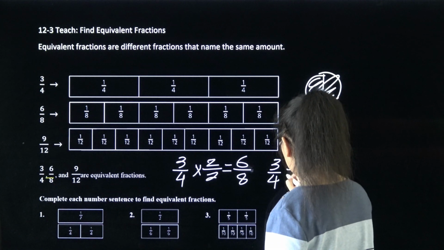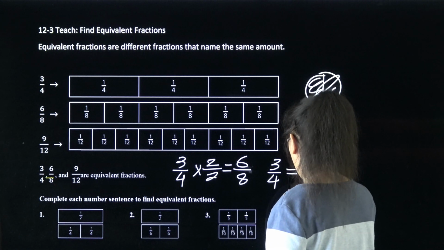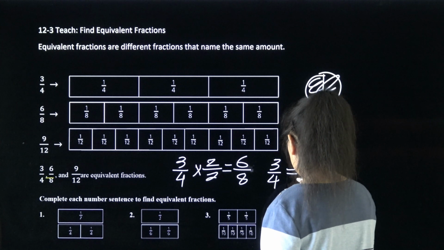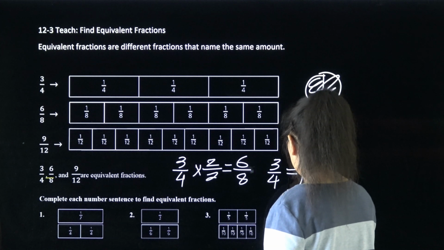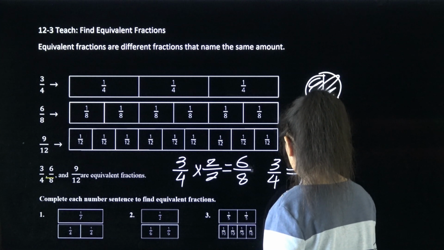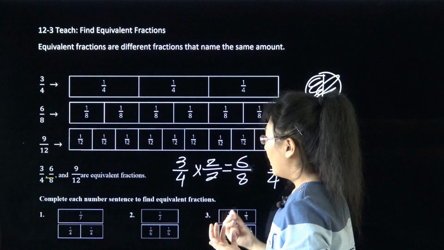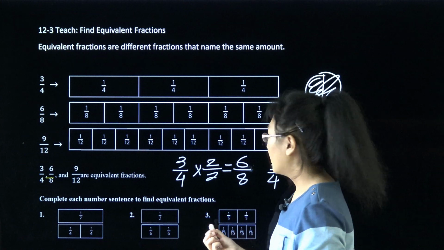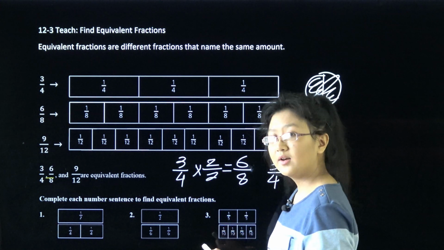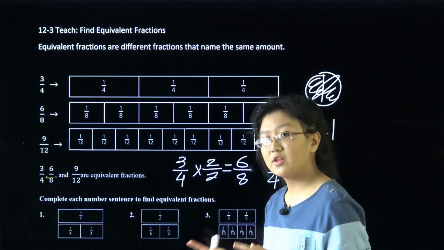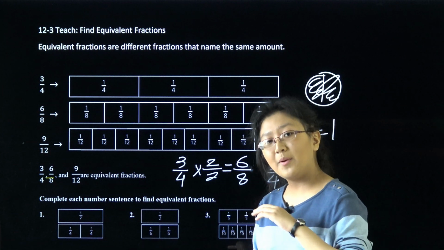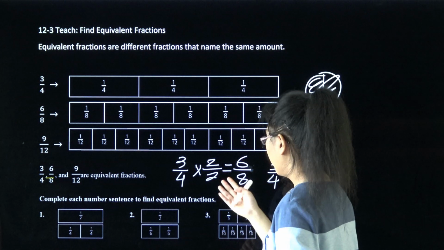Well, 3 times 3 equals 9, and 3 times 4 equals 12. Ta-da! 9 over 12. Essentially, the way that you can find equivalent fractions is to multiply or divide both the numerator and the denominator, the top number and the bottom number of a fraction, by the same number.